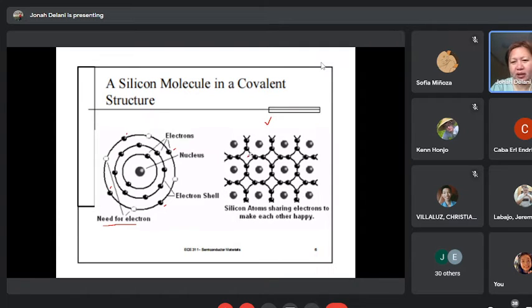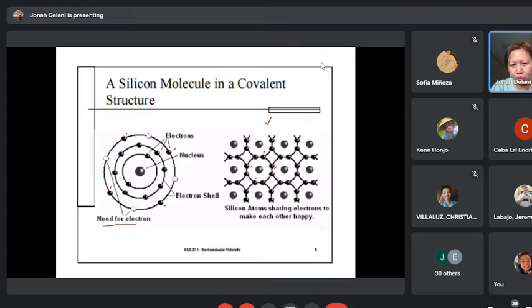It shares its other 4 valence electrons with the valence electrons of the nearby silicon atoms. It borrows one from here, borrows one from here, borrows one from here.